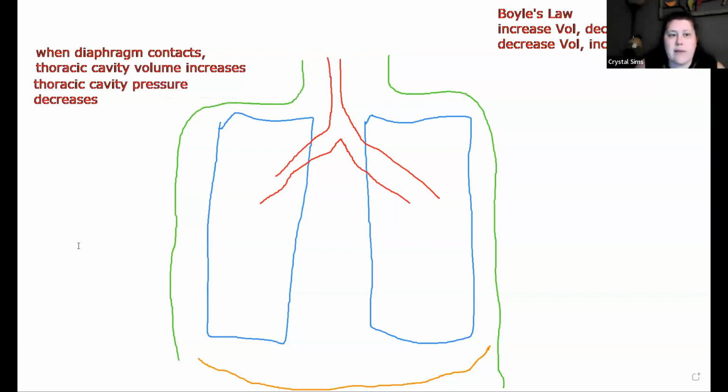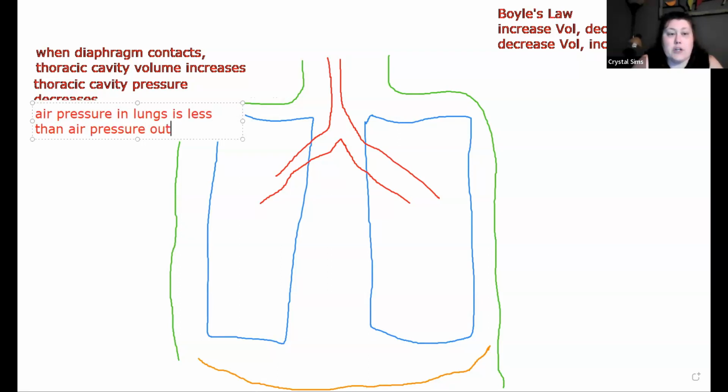Well, what does that mean? What does that have to do with anything? Well, we're talking about the air pressure. Okay, so now the air pressure in the lungs is less than the air pressure outside, so outside in the environment.